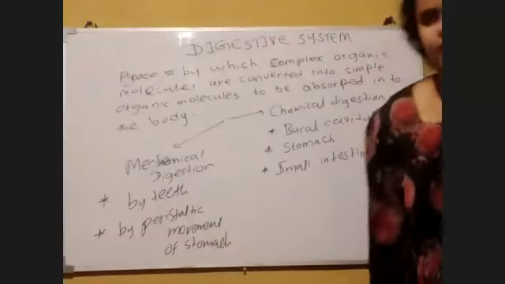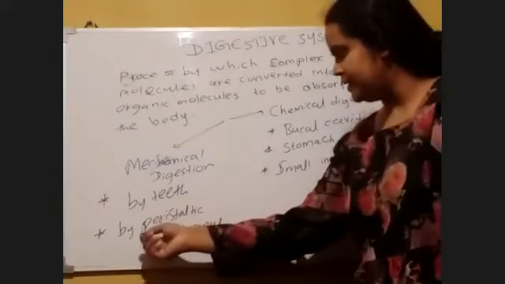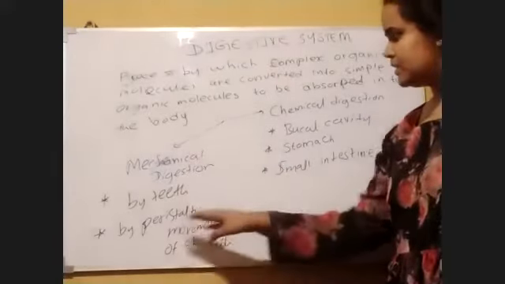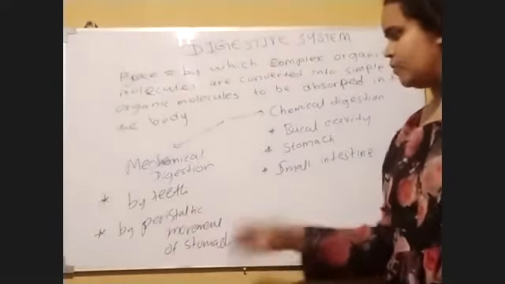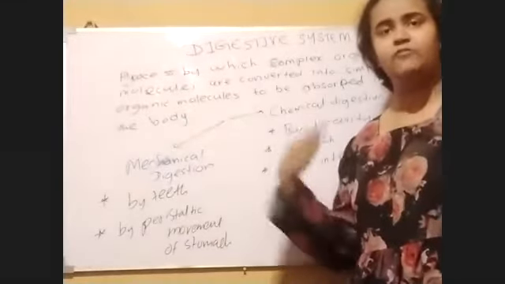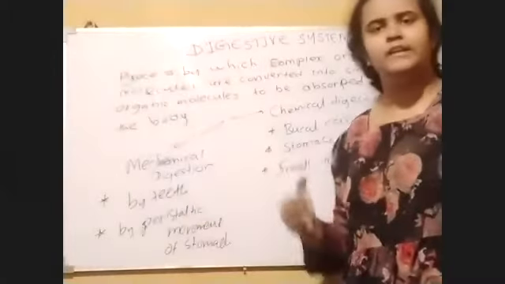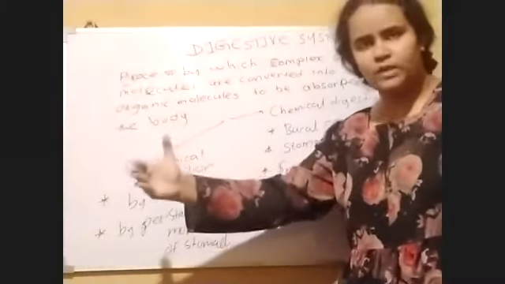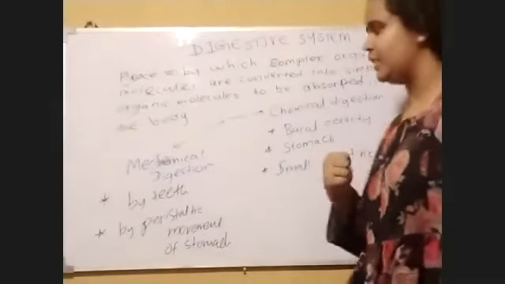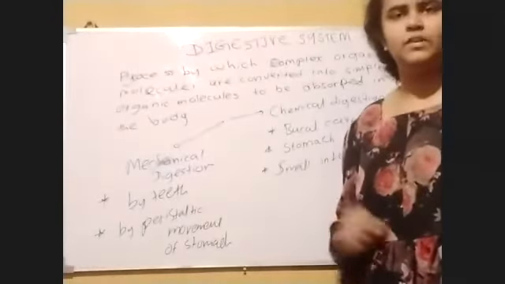And you know that due to the peristaltic movement of the stomach, food is converted into bolus, and the bolus is converted into chyme. That also happens in the stomach.